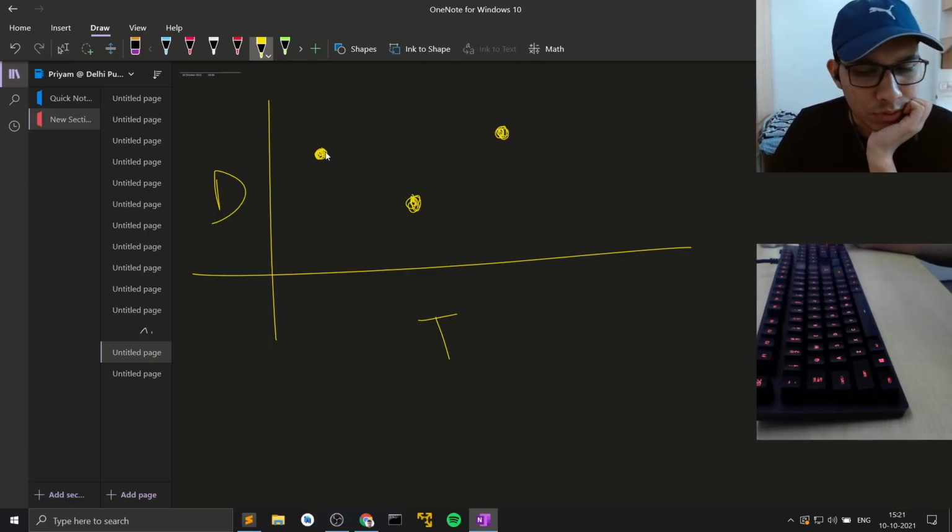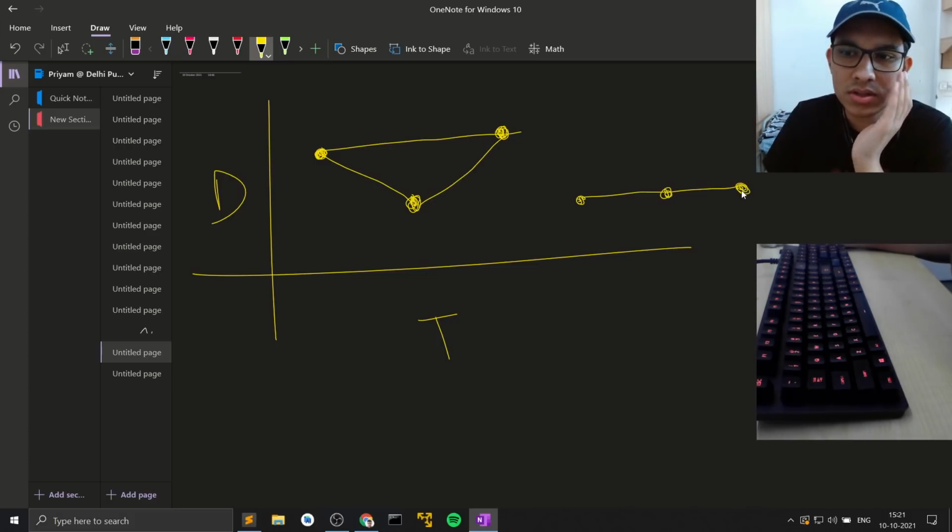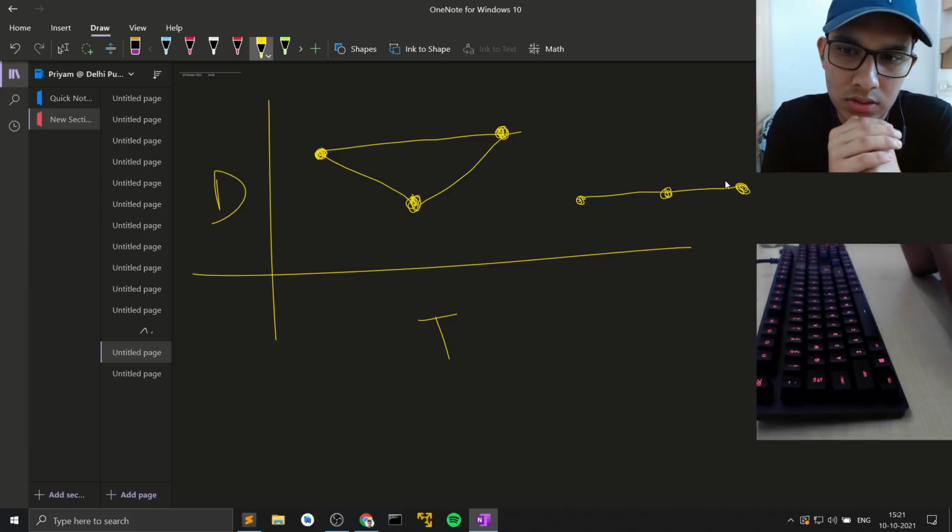Now I need to select points such that they form a triangle. What about these points? I cannot select points that are on the same line, horizontal or vertical.